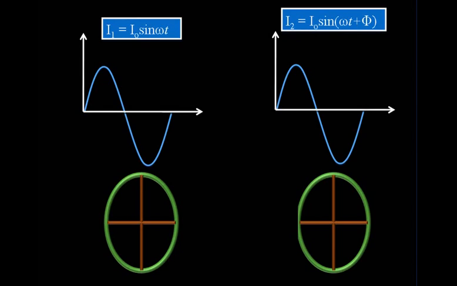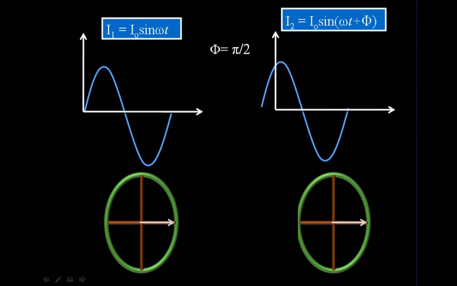You see, if phi equal to 0, in that case both the electric current phasors will start from the x-axis. As you can see, this white arrow here is along the x-axis, isn't it? So phi, the initial phase, is 0. Now if phi is pi by 2, what that means is that the first vector starts from the x-axis and starts rotating in the anti-clockwise direction, but the second vector starts from phi equal to pi by 2.